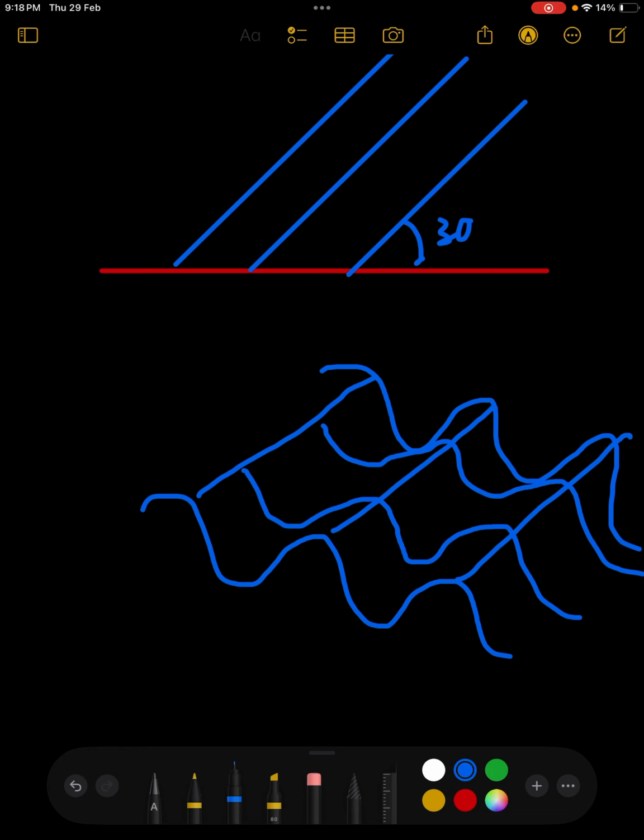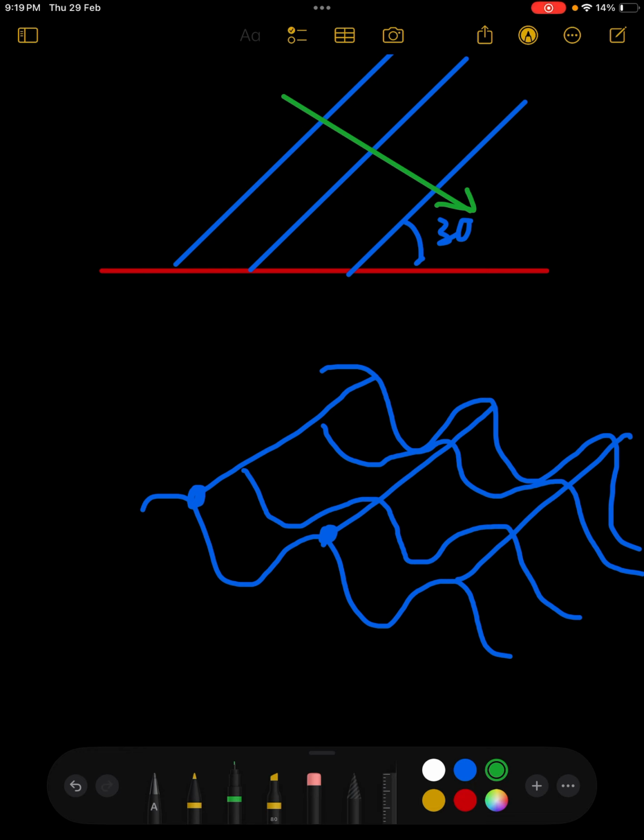So the question is asking us, because it is obvious that a particle here and a particle here are not arriving at the boundary at the same time. Consider that the wave is moving in this direction. That's the direction of movement.